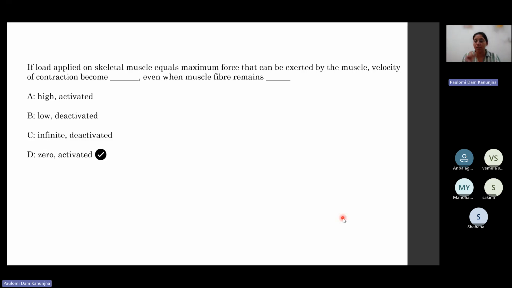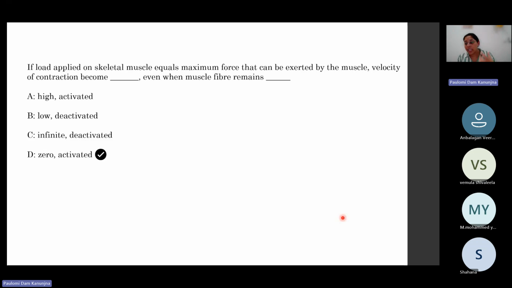So that's the idea here, that when you have the maximal load, which is the maximum force that can be applied, just imagine it: anything at maximum means the muscles are exhausted, we are exerting the muscle. That means we have reached the maximum capacity. It cannot contract anymore. Even if you keep thinking that it will generate more ATP and use more energy, it will still not show any effect.